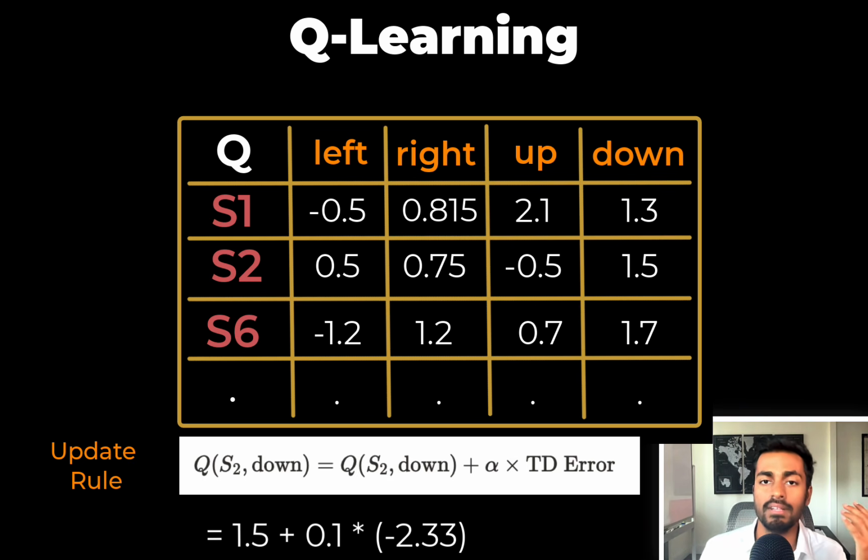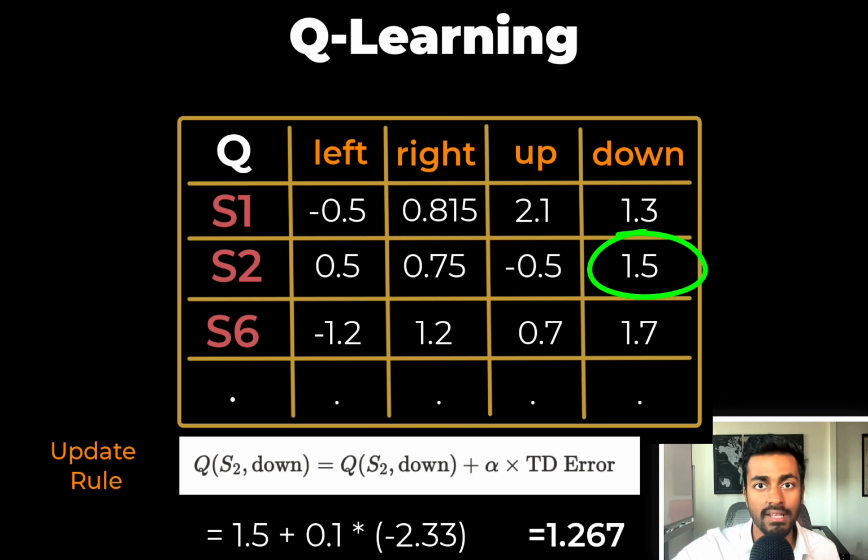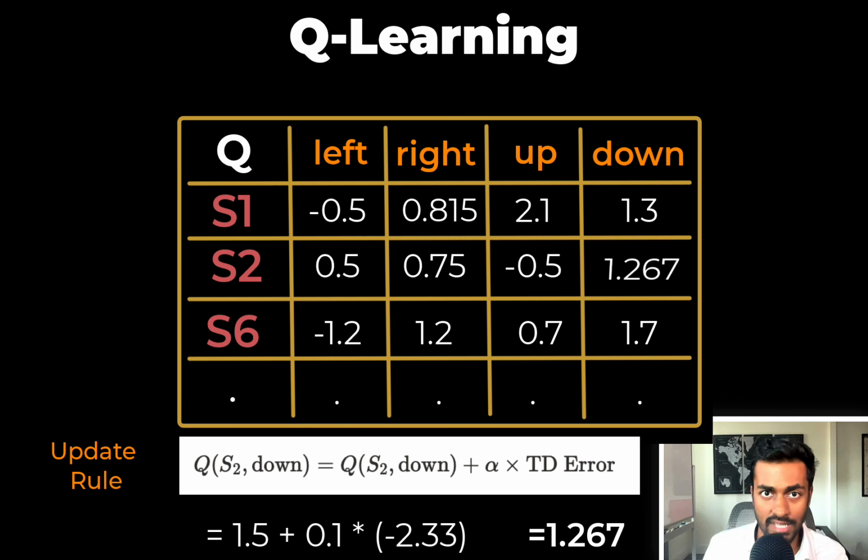And so this gives us 1.5 for the current expected Q value, plus 0.1 times the temporal difference error of -2.33. Doing the math, you get 1.267, and so we update the single Q value in our table. And this is the end of our second time step.